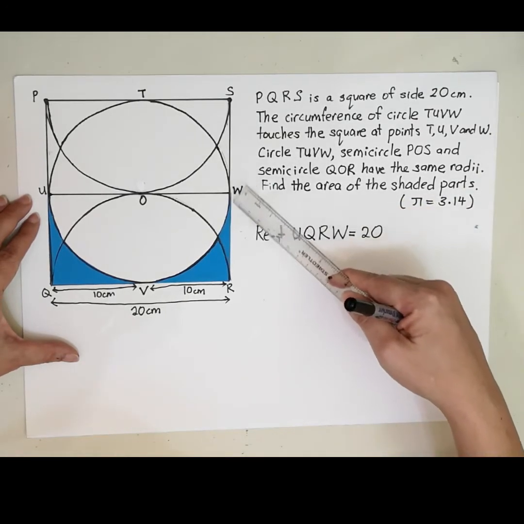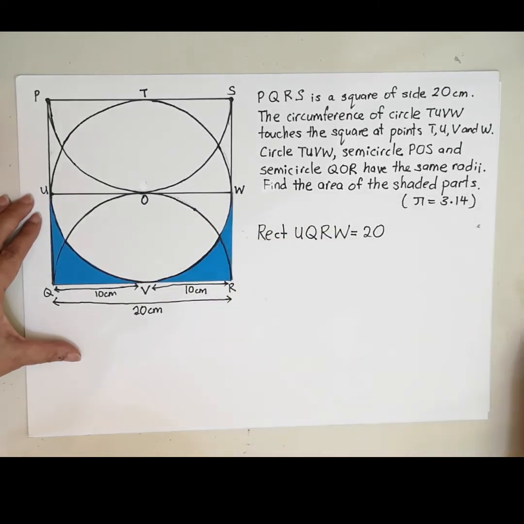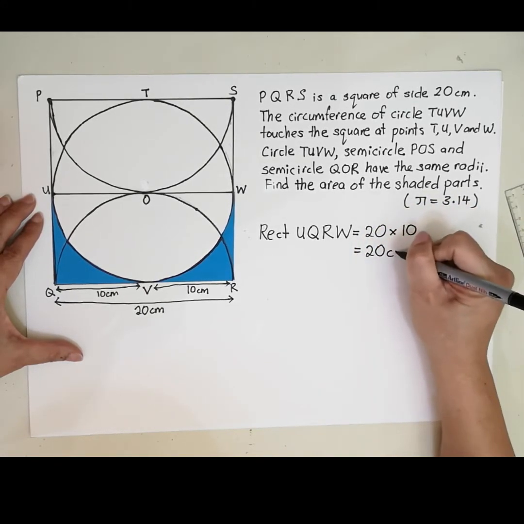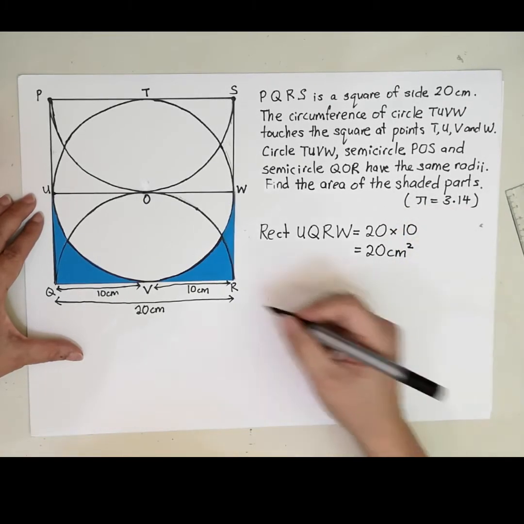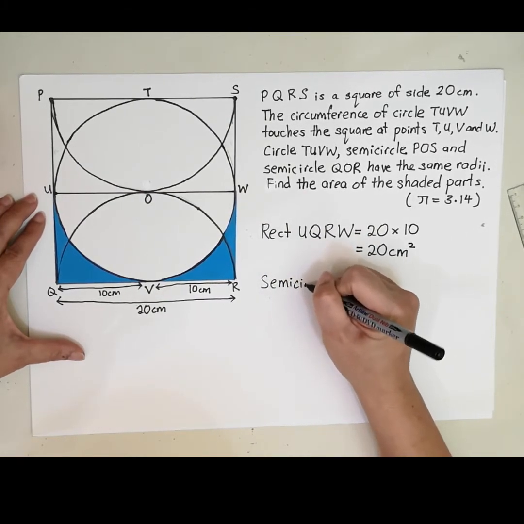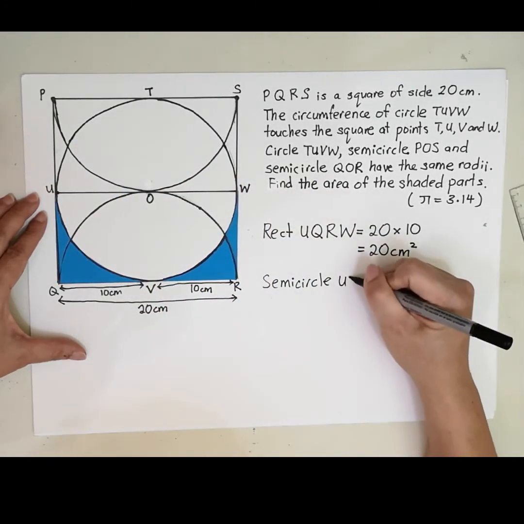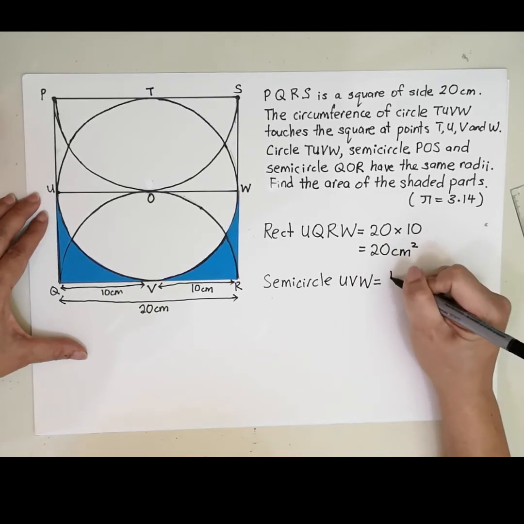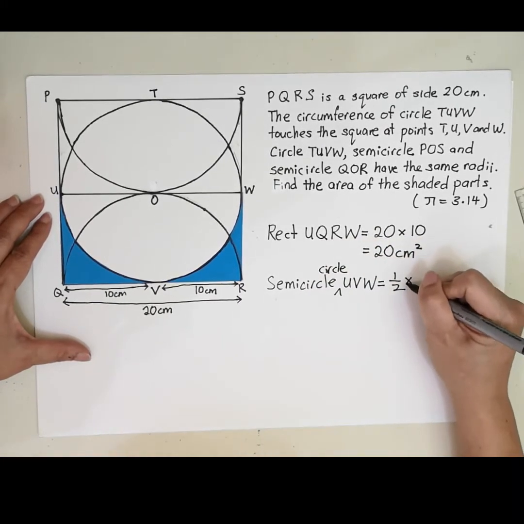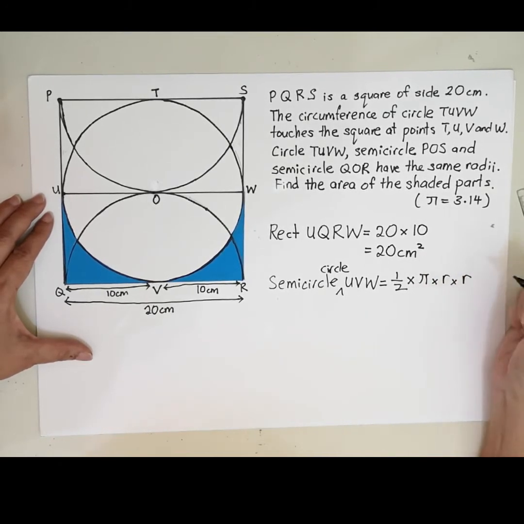The breadth of the rectangle is this part, which is actually the radius of the semicircle, which works out to be 10 centimeters. So the area of the rectangle is 20 square centimeters. Next, we are going to find the area of the semicircle, semicircle KUBW. The formula for finding the area of a semicircle is half multiplied by pi multiplied by radius multiplied by radius.